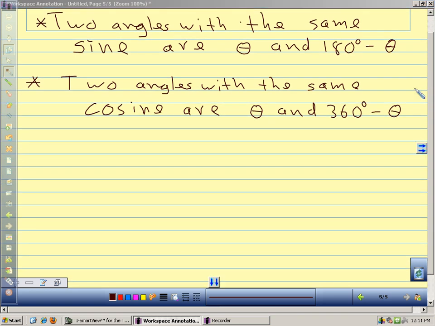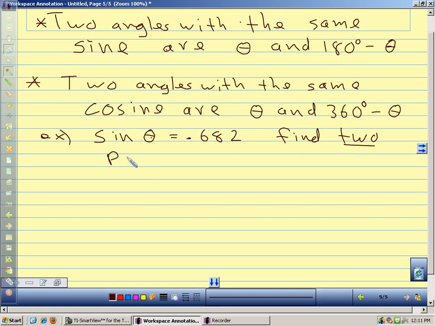All right. So the problems with this idea are going to say that the sine of theta is 0.682. Find two possible values of theta.